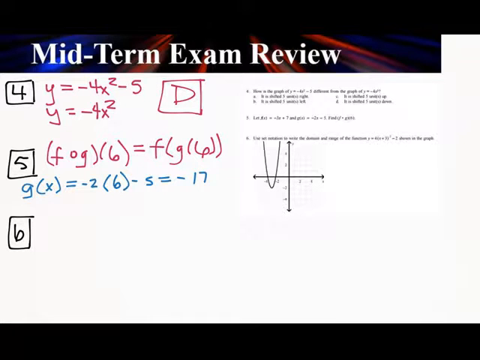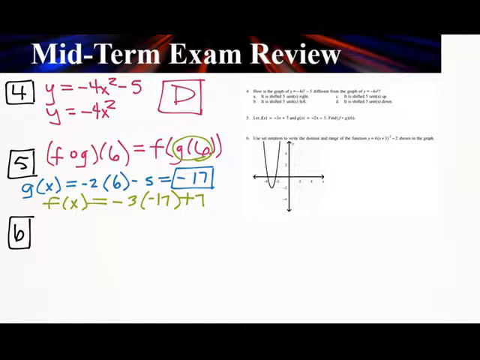Okay, now what I'm going to do is take the answer, -17, and put it into f, because I always do the one in the center first, and then I go to the one on the outside. So we're going to take the -17 and put it into f. -3 times -17 plus 7.